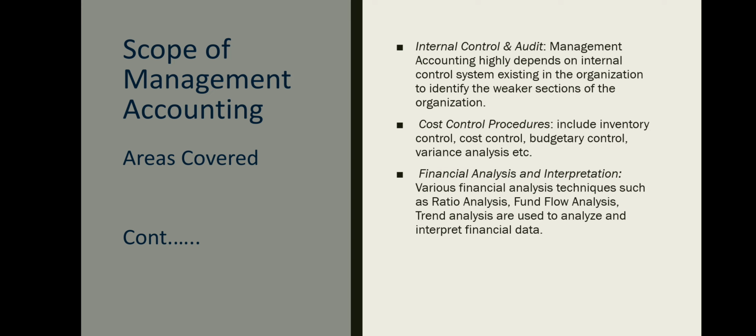Next one is financial analysis and interpretation. It includes the various techniques which are used in management accounting to analyze and interpret the financial data, like various financial analysis techniques such as ratio analysis, fund flow analysis, and trend analysis. What is ratio analysis? Ratio analysis is a mathematical calculation which is done by the organization.